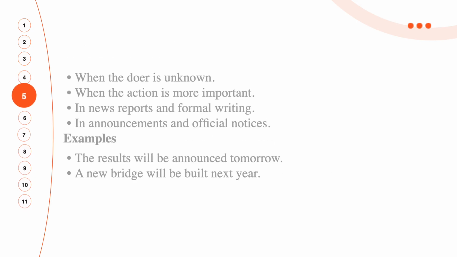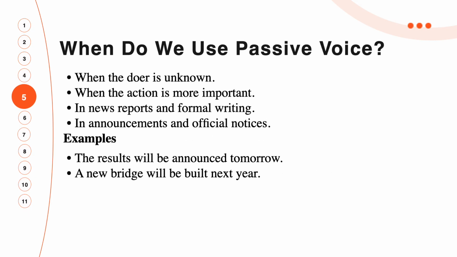Now let's move on to when do we use passive voice. So these are some examples of how to use passive voice. When the doer is unknown, when the action is more important, in news reports and formal writing, in announcements and official notices.